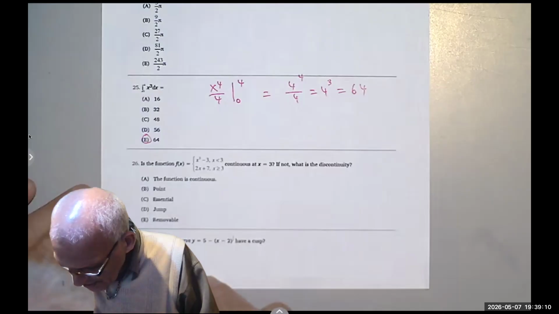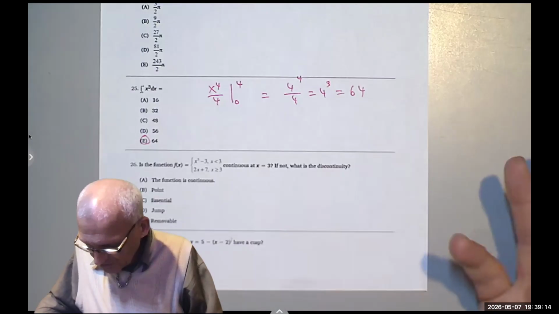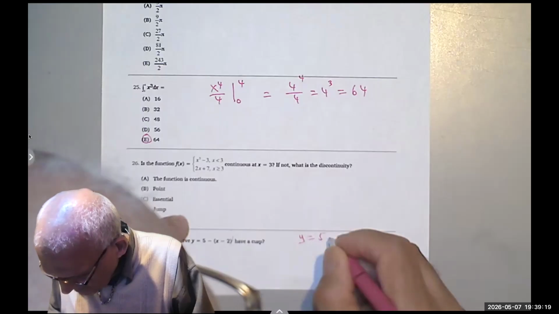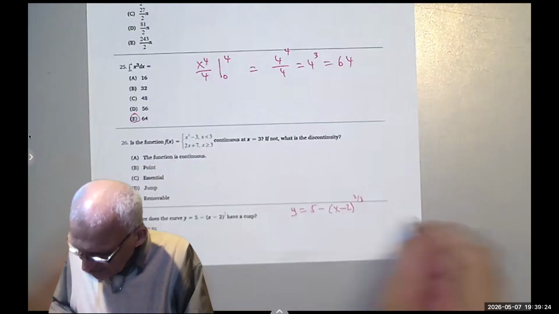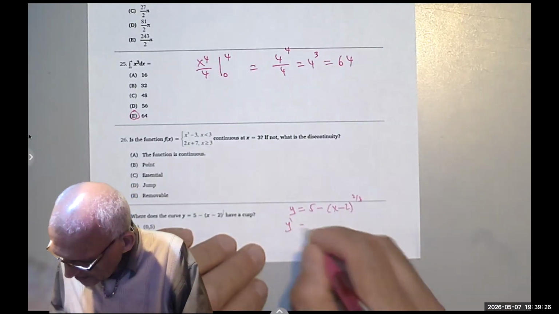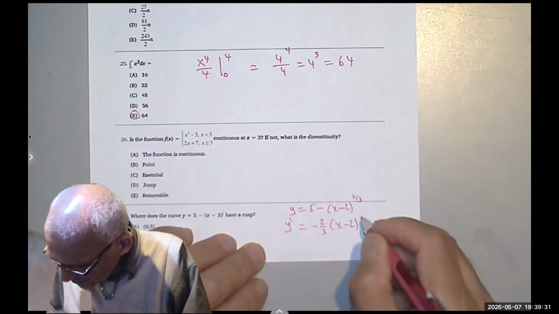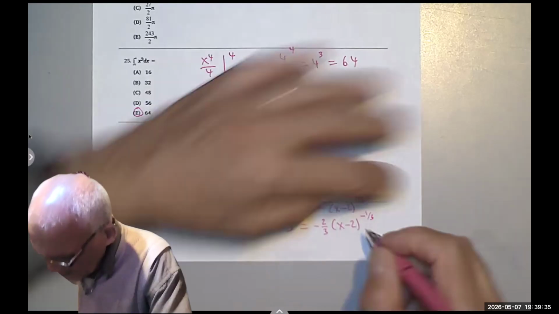Where does the curve y equals 5... That's definitely at 2. The cusp? Okay, y equals 5 minus x minus 2 to the 2/3. So when you take the derivative, you will get negative 2/3 x minus 2 to the negative 1/3, or negative 2/3 times 1 over x minus 2 to the 1/3.